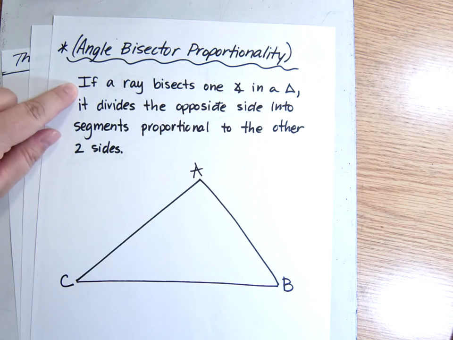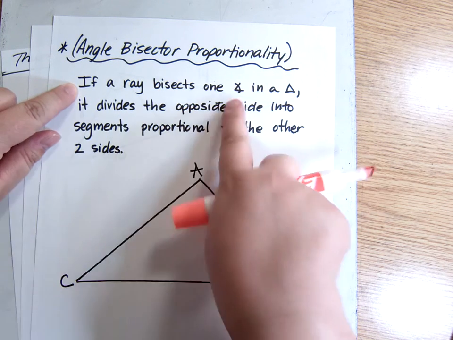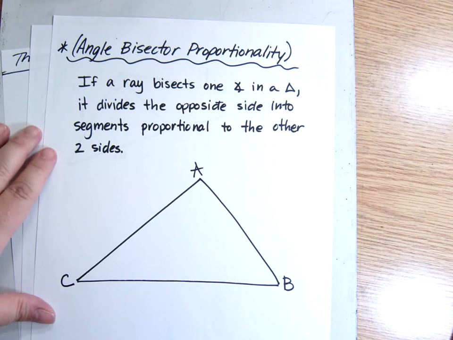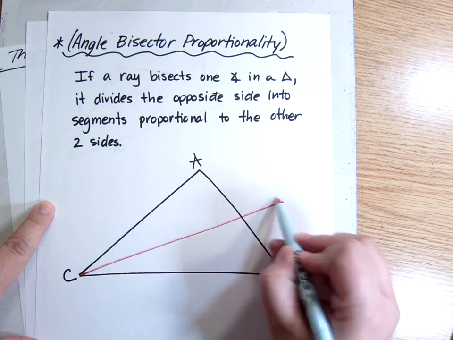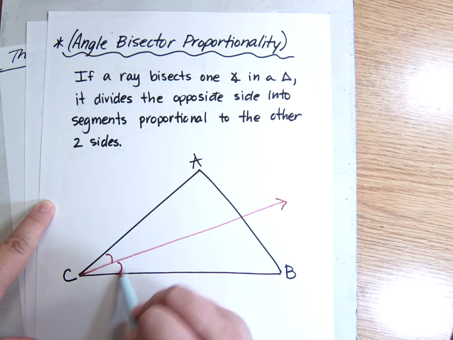So if a ray bisects one angle in a triangle, let's say I have a ray that bisects angle C. That would mean that it cuts angle C into two congruent half angles.